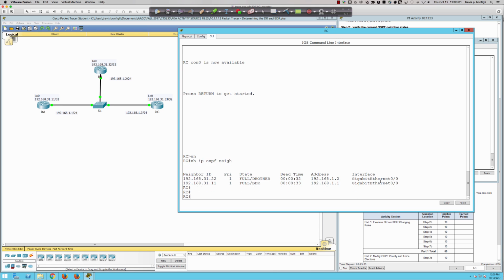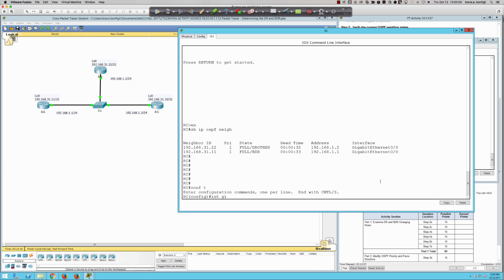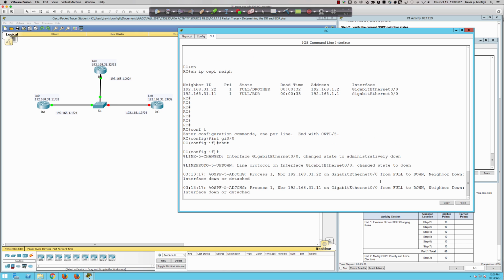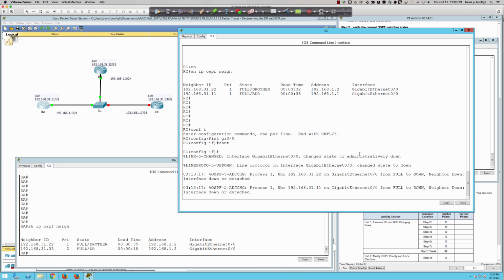So on router C, if I were to go into global config and interface Gig 0/0 and say shut, what's happening right here is, yeah, the switch knows it's down and router C knows that the interface is down, but B and A are just fine. Show ip ospf neighbor, they think right now, and we've got to look at that dead timer value, they're thinking right now, hey, everything is fine, right? There's no big deal here.